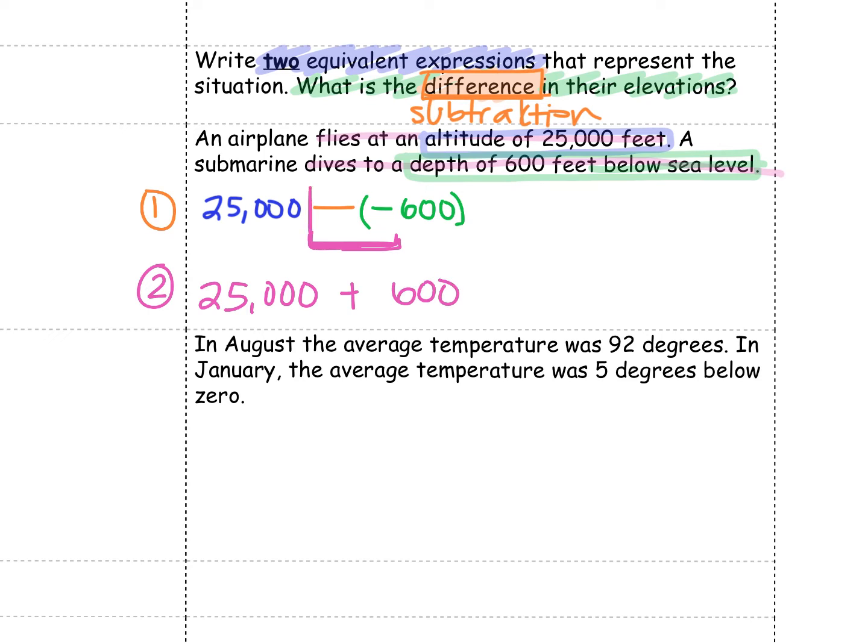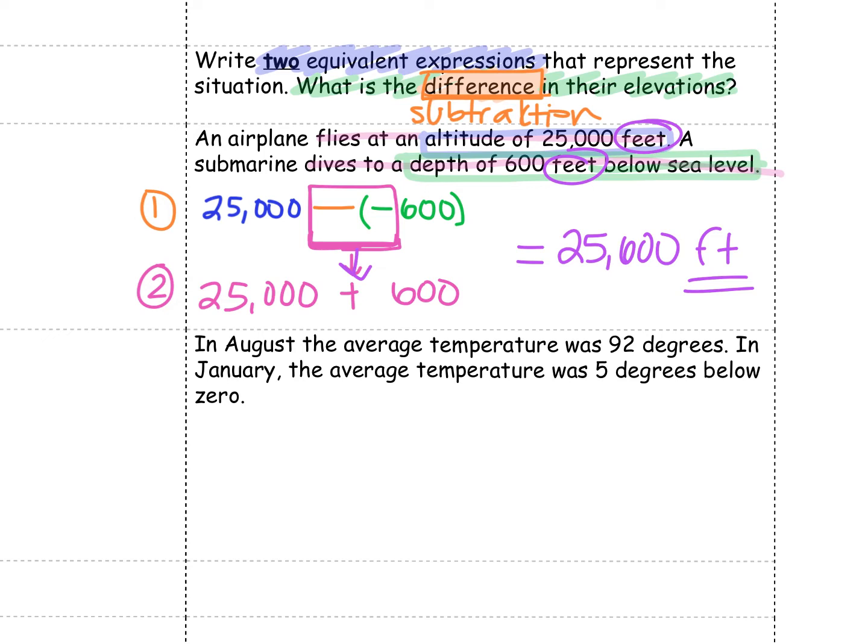That double negative turned into just addition. And then we have to actually solve what it is. So I know that 25,000 minus negative 600 is the same as 25,000 plus 600, which is 25,600 feet. Make sure that you put a label on there. I'm talking about feet.